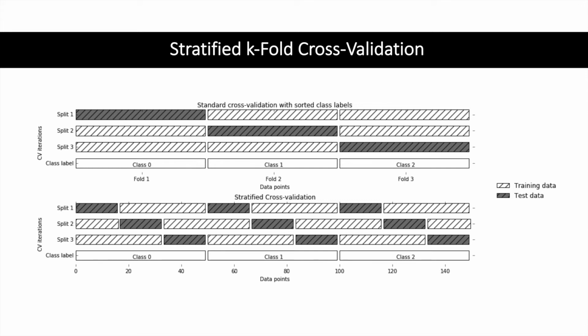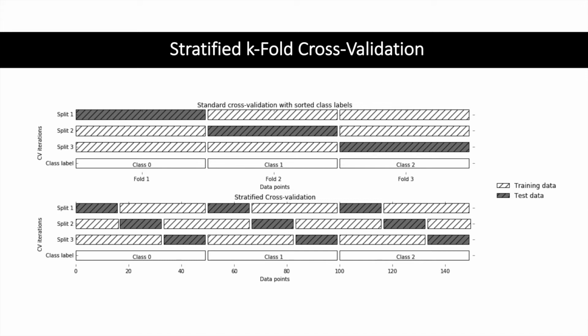So in the first split of the data, the test data set would only be class 0, whereas we have trained on classes 1 and 2. And as the classes in the training and test data set would be different for all three splits, the threefold cross-validation accuracy would be 0 on this data set, which is not very helpful. And we can do much better than 0 accuracy on that.